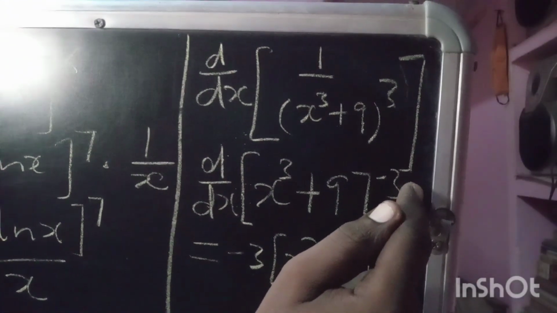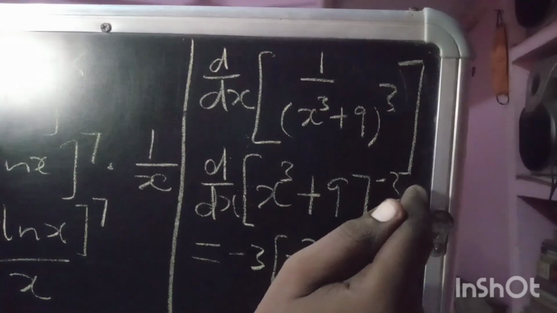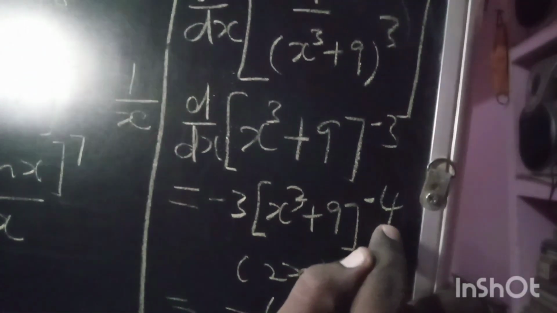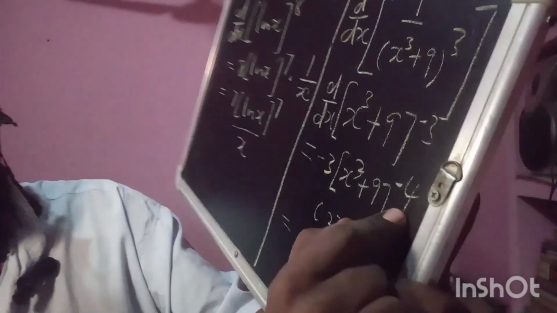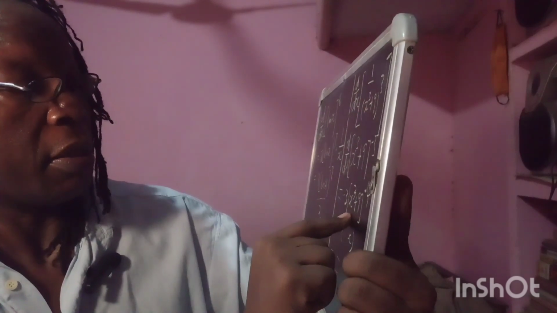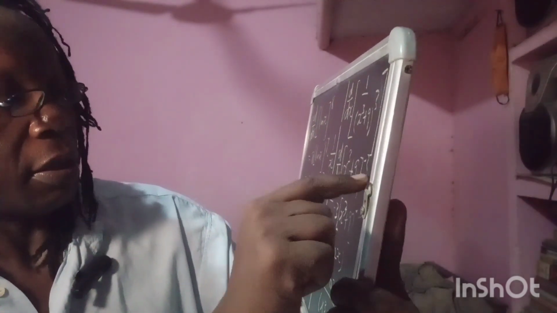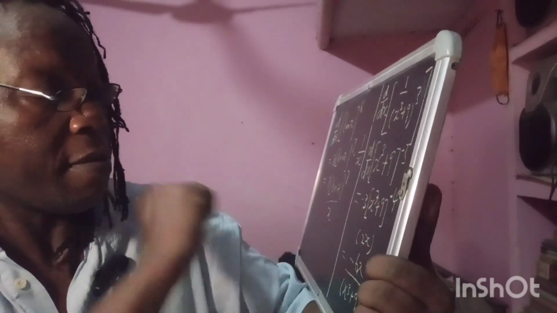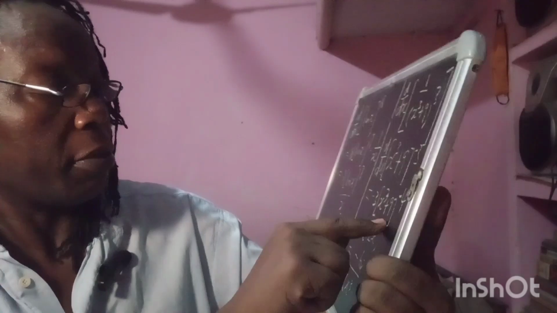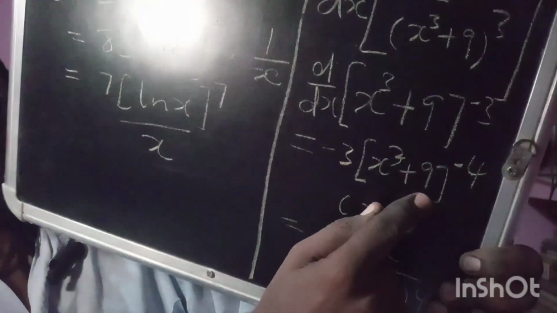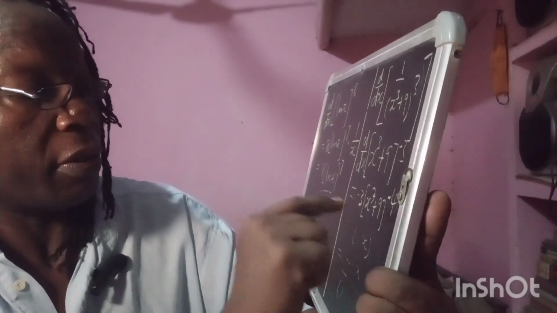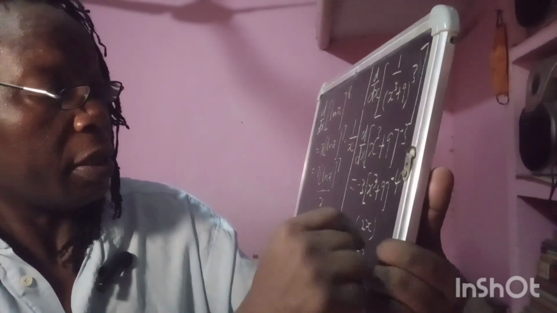Okay, this one becomes minus 4, because minus 3 minus 1 becomes minus 4. So you have differentiated this one to this value. Now we are coming to the inside. The 9 will disappear, and then this one, when you differentiate it, will be 3x squared.